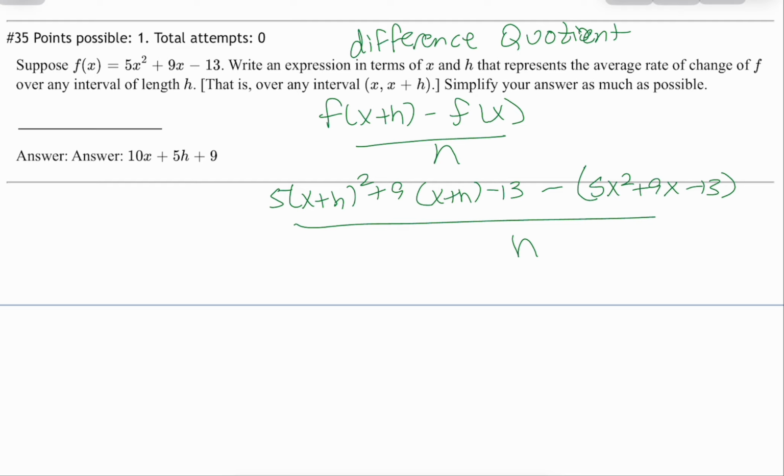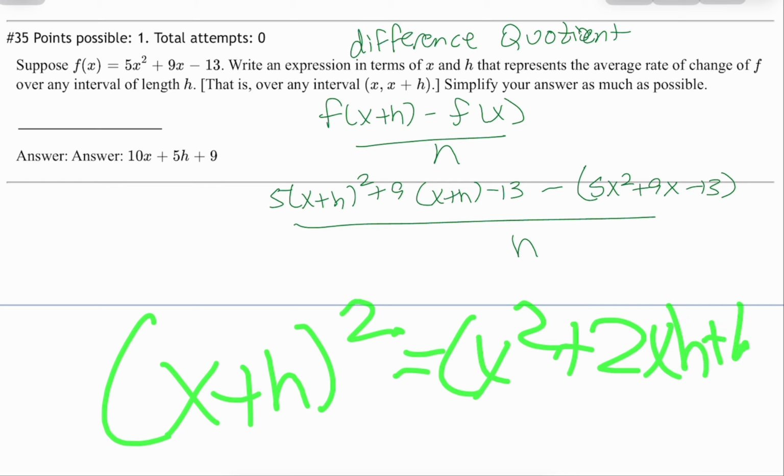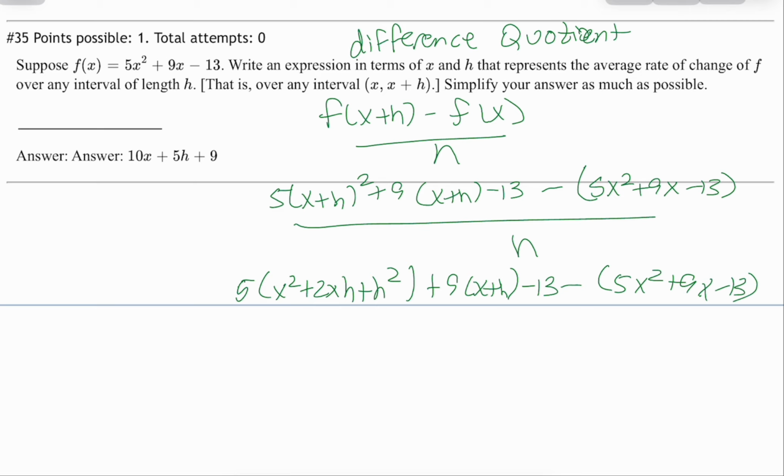So let me do that for you. X plus h squared, guys, some of you are not squaring that right. That's x squared plus 2xh plus h squared. Know that by heart, please. So that's 5 times x squared plus 2xh plus h squared plus 9 times x plus h minus 13 minus 5x squared plus 9x minus 13 all over h.